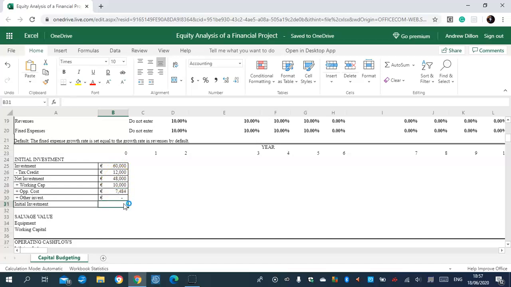Okay, now the initial investment. This will require all of the related tables to be added together.